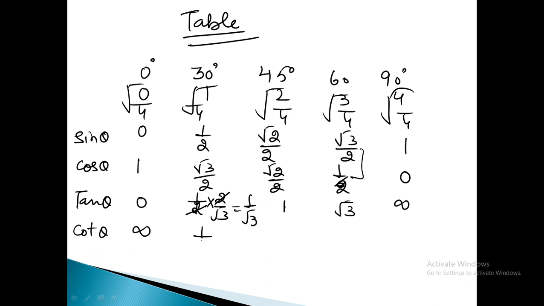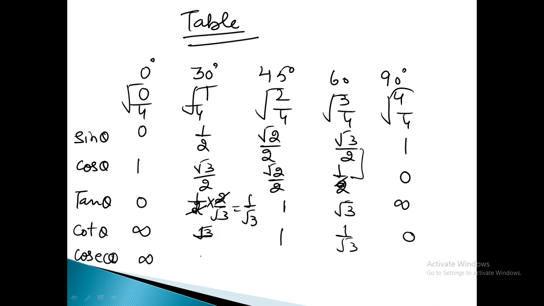Infinite, 1 by root 3, and 0. Now cosecant theta is equal to 1 by sin theta; 1 by 0 will be infinite.